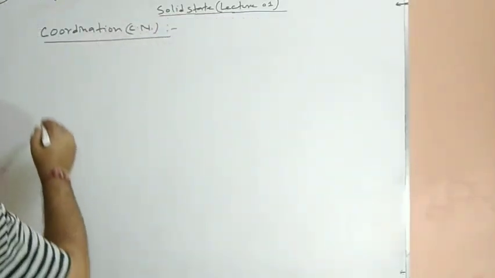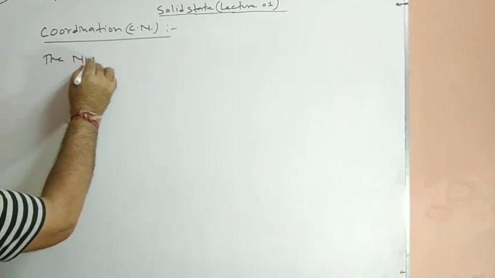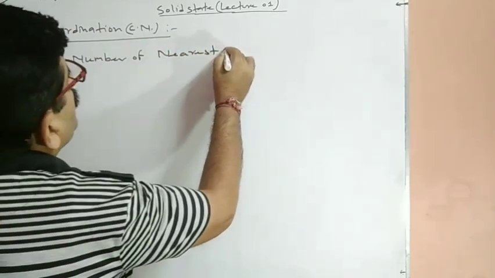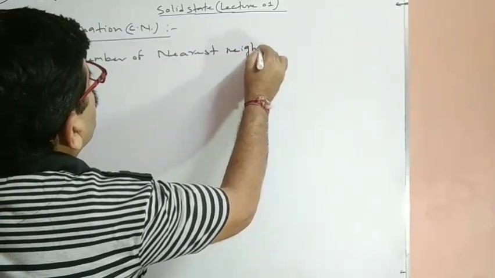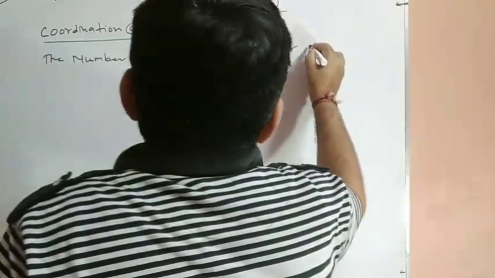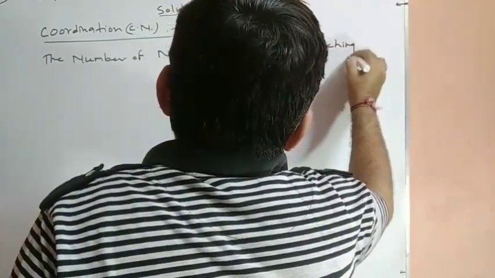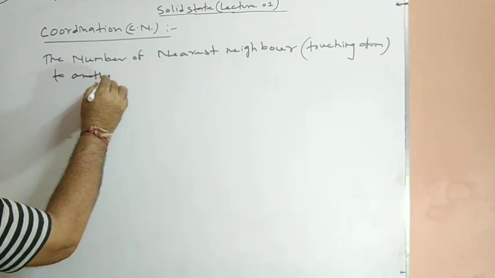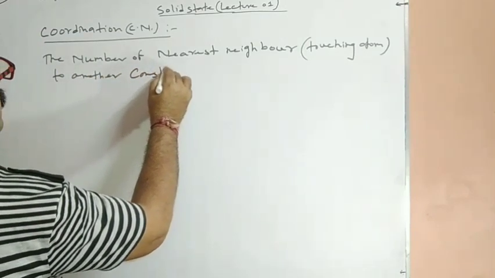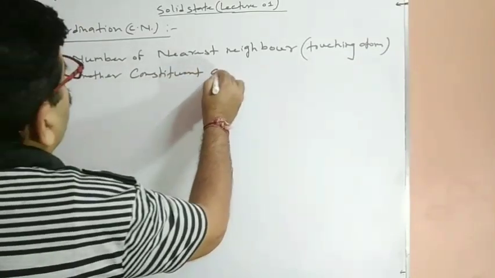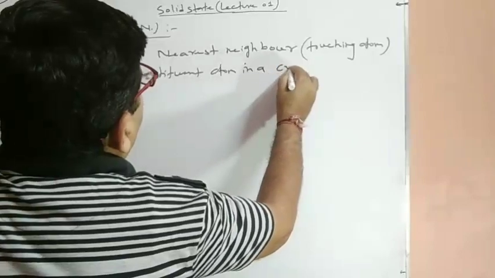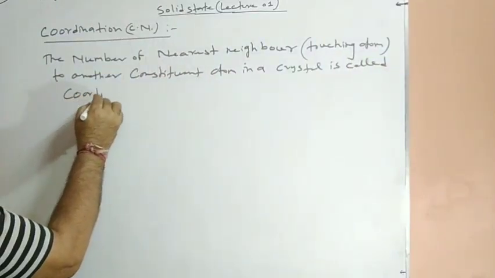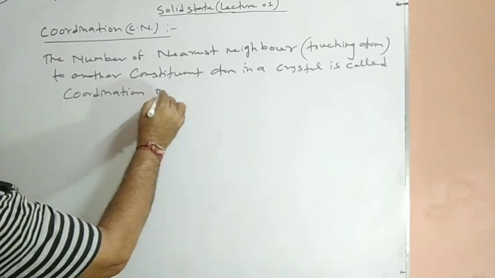So, we can say the number of nearest neighbor, that is touching atoms, to another constituent atom in a crystal is called coordination number.